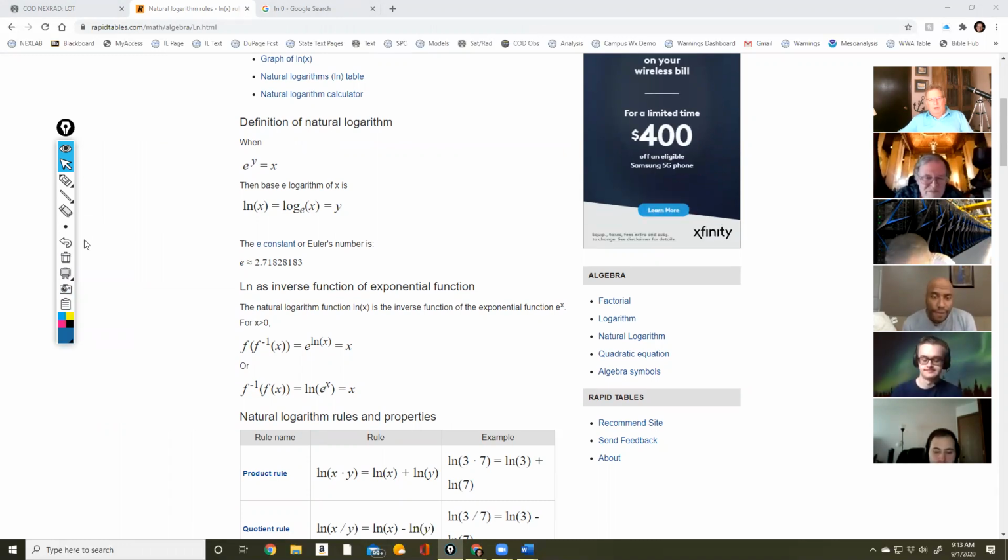Just to make it easy to write, I'm going to use y instead of f of x. So if I say e to the y equals x, sometimes you want to get rid of the exponential notation. So what I can do is take the natural log of both sides.